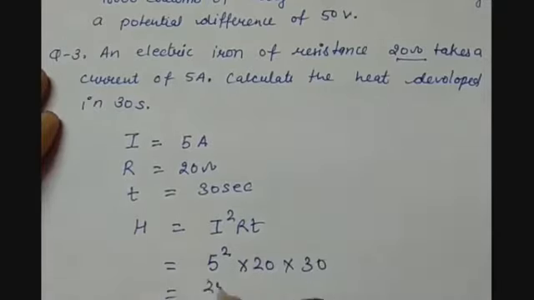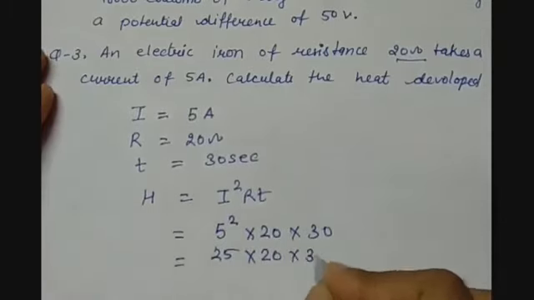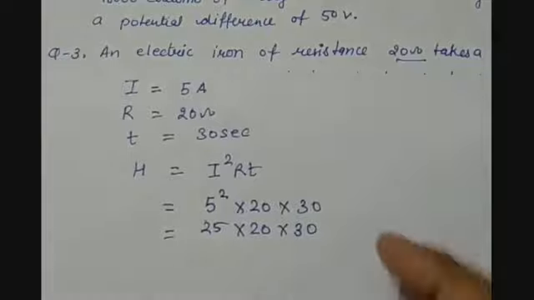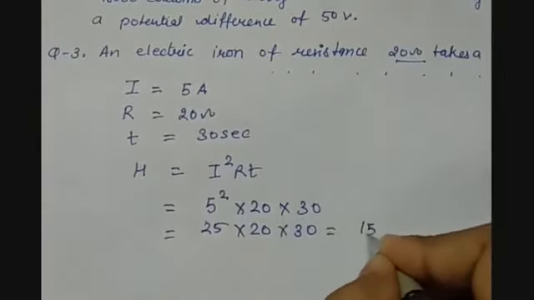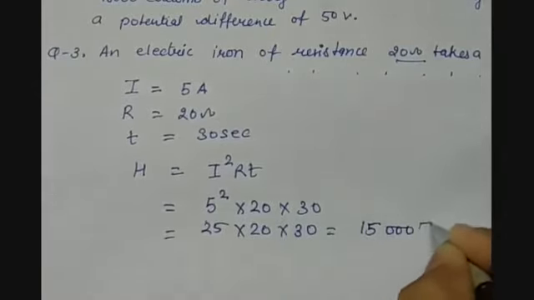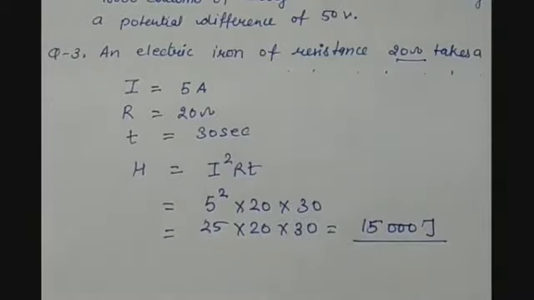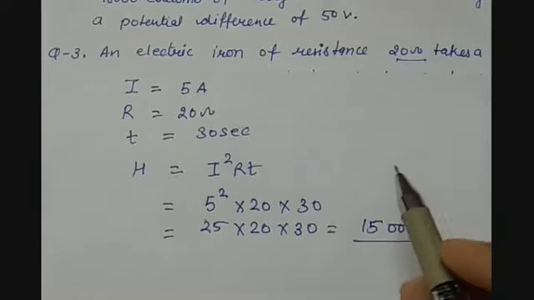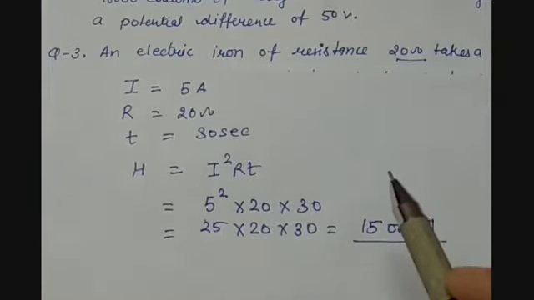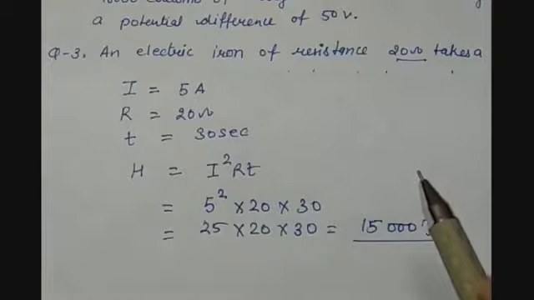So we have 25 multiplied by 20 into 30, and that value comes out to be 15,000 joules. So this is the amount of heat developed in an electric iron of resistance 20 ohms, having a current of 5 ampere for 30 seconds.